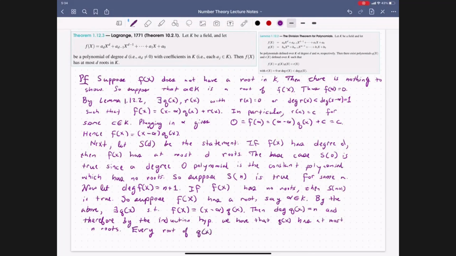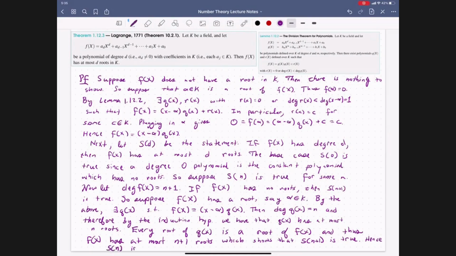But now every root of q of x is a root of f of x, and therefore f of x has at most n plus 1 roots, which shows that S of n plus 1 is true, and thus S of n is true by the principle of mathematical induction for every natural number n.